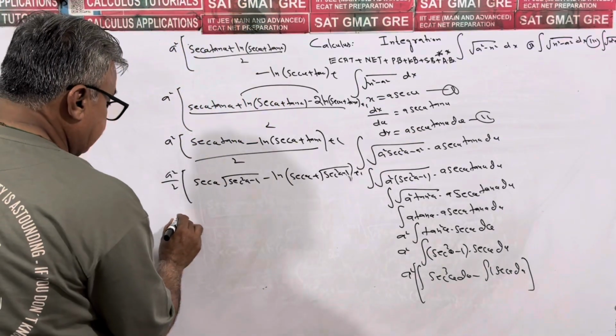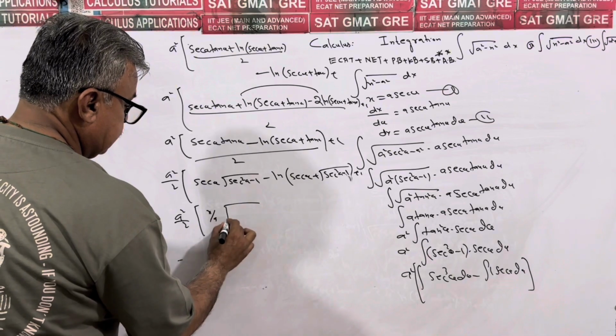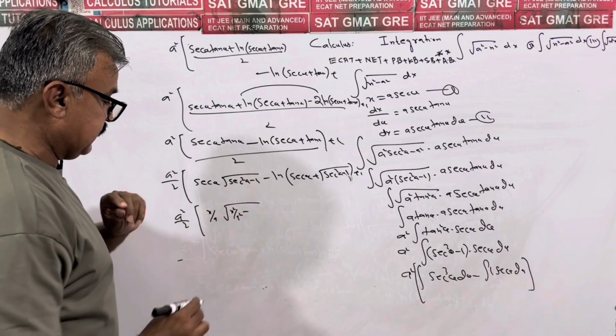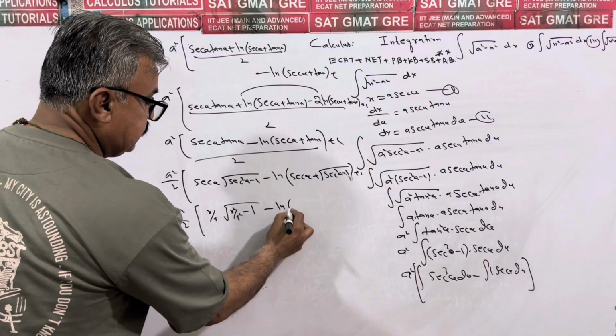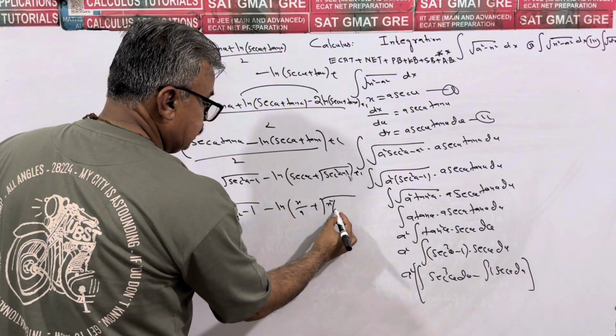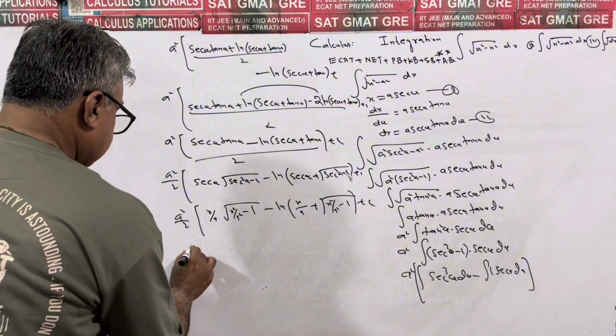Instead of sec θ we can write x over a. Here, x over a times √(x²/a² − 1), because sec² means x²/a², minus ln|x/a + √(x²/a² − 1)| + c. Okay, cool. Take LCM and multiply.